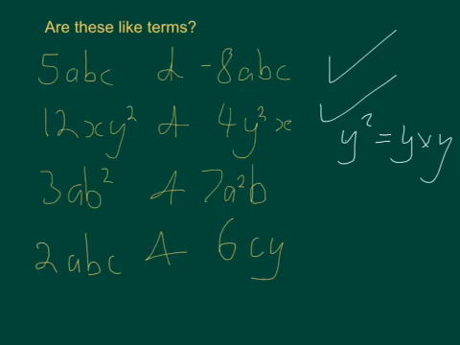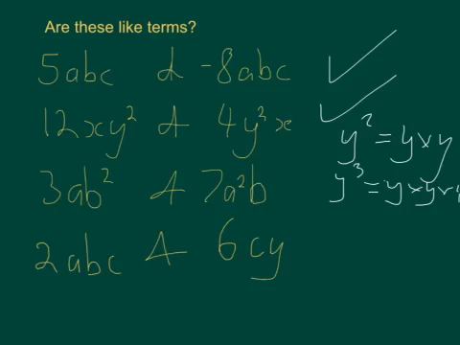The squared at the top is just a way of shortening it on our page, making it more simple to read. So if you had y cubed, that would just mean y times y times y, okay? So we could read this as 12 times x times y times y, and 4 times y times y times x, which would therefore mean they are both the same.